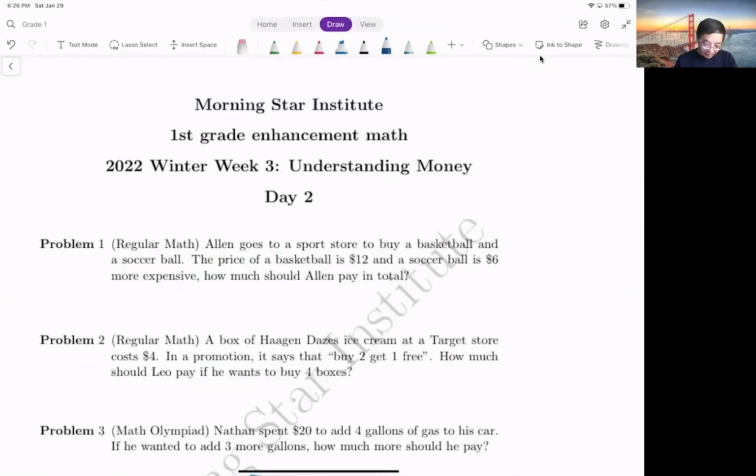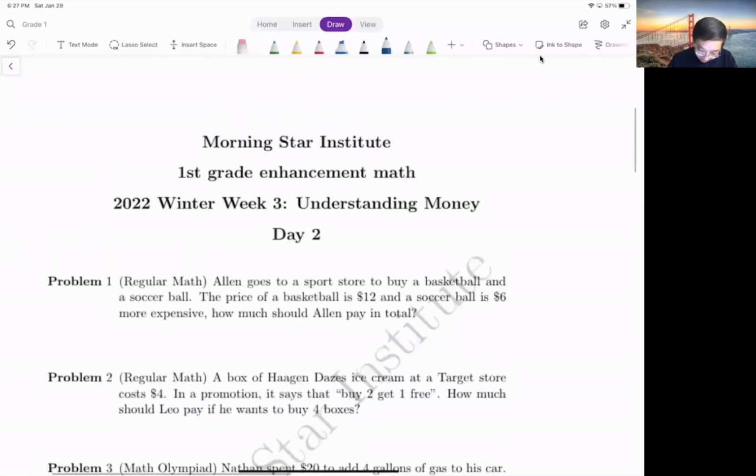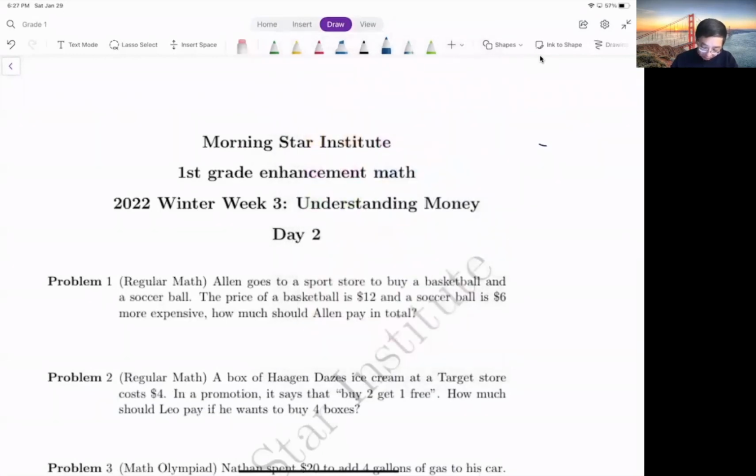A2. Let's look at problem number 1. Problem number 1 says Alan goes to a sport store to buy a basketball and a soccer ball. It says the price for the basketball is $12, and the soccer ball is $6 more expensive.